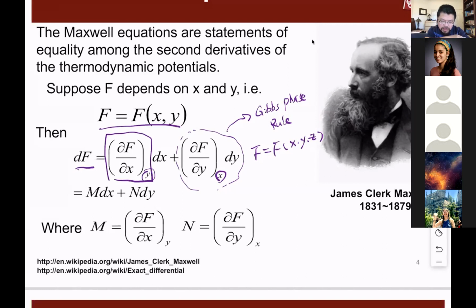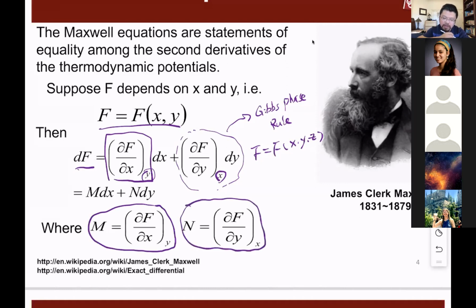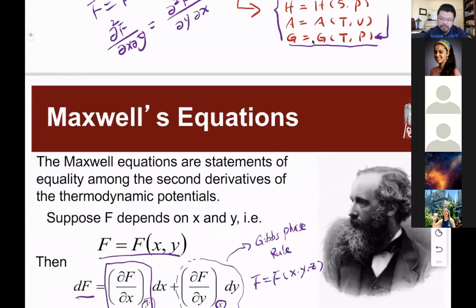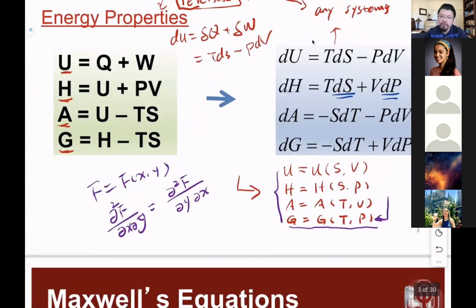If we define, for example, M as one partial derivative and N as the other partial derivative, then we have this very simple equation. That was the first derivative we were talking about until now.